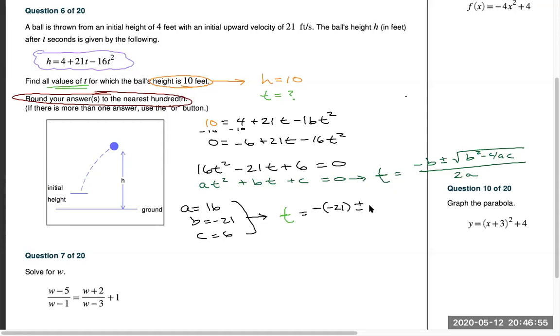Plus minus square root, we have B squared minus 4AC, all divided by 2 times A.